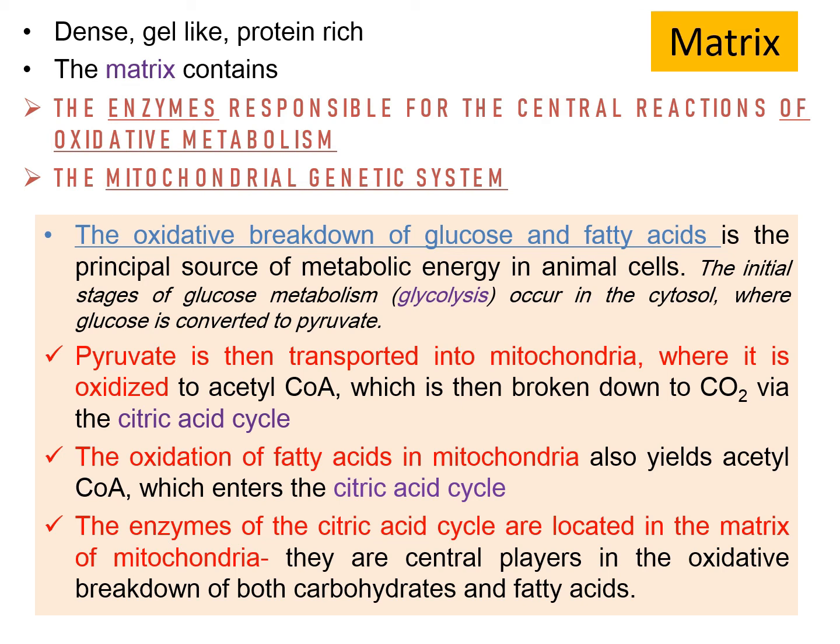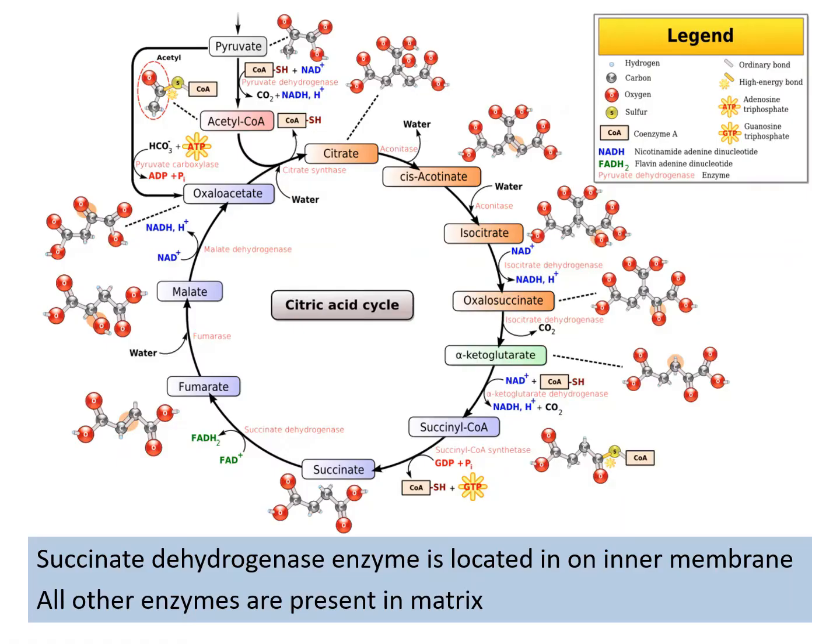So the enzymes of the citric acid cycle are located in the matrix of mitochondria, and they are the central players in the oxidative metabolism of carbohydrates and fat. So this is the citric acid cycle in a nutshell, where I have to tell only one thing: there is one enzyme of the citric acid cycle which is called succinate dehydrogenase. Only this enzyme is located on the inner membrane.